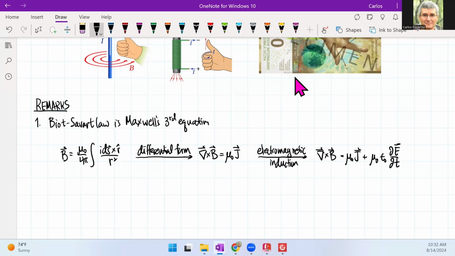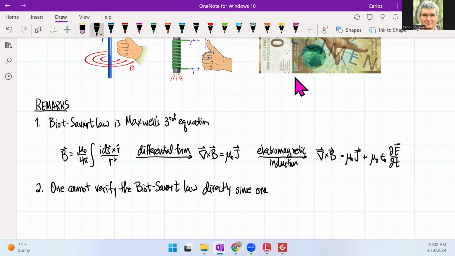Second of all, one cannot verify the Biot-Savart law directly, since one can never isolate a current segment experimentally.